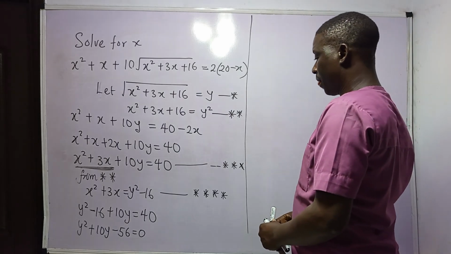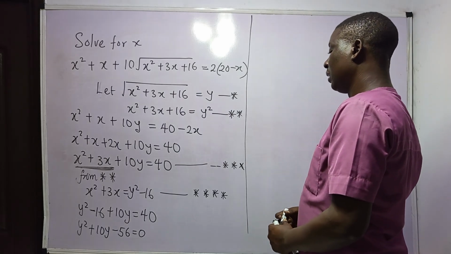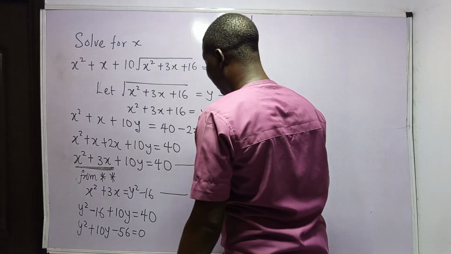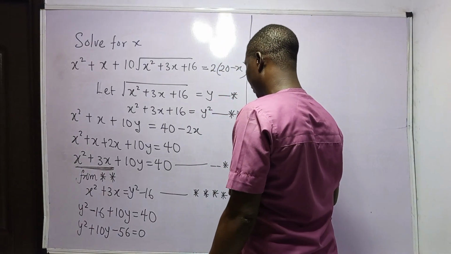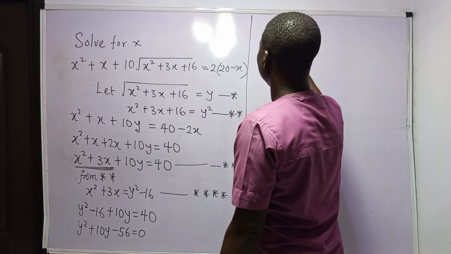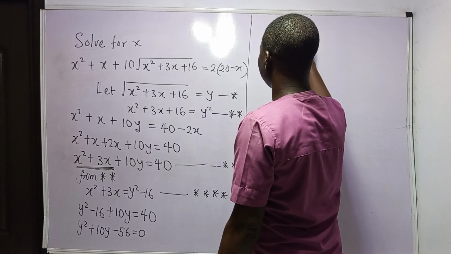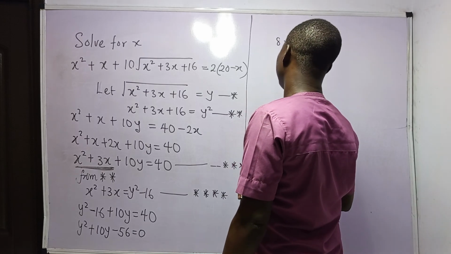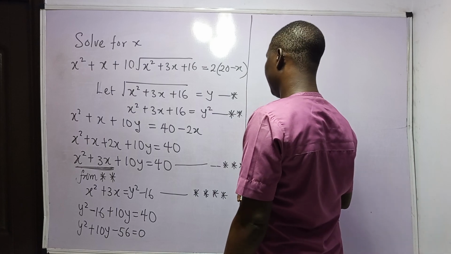Now, what is 56? If you use the quadratic formula to analyze it, or probably you want to do it, we have 8 times 7 is 56.